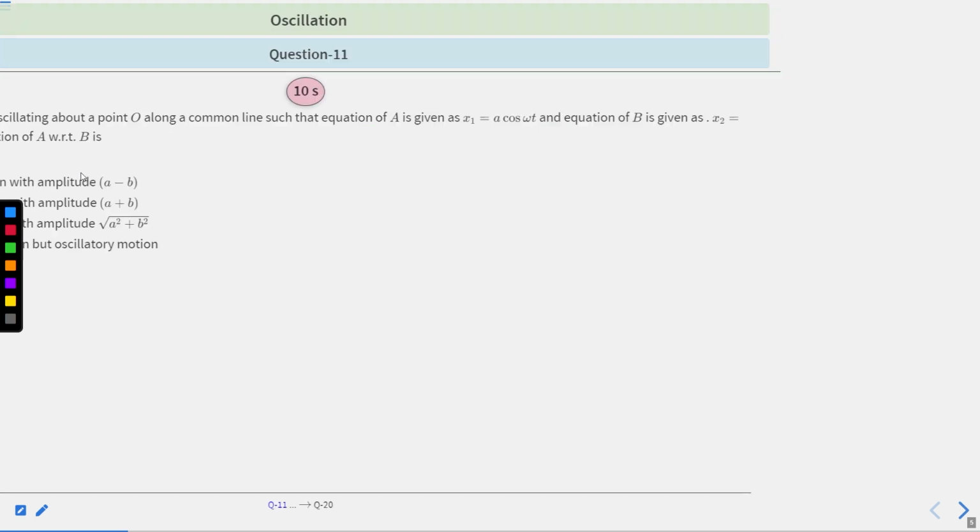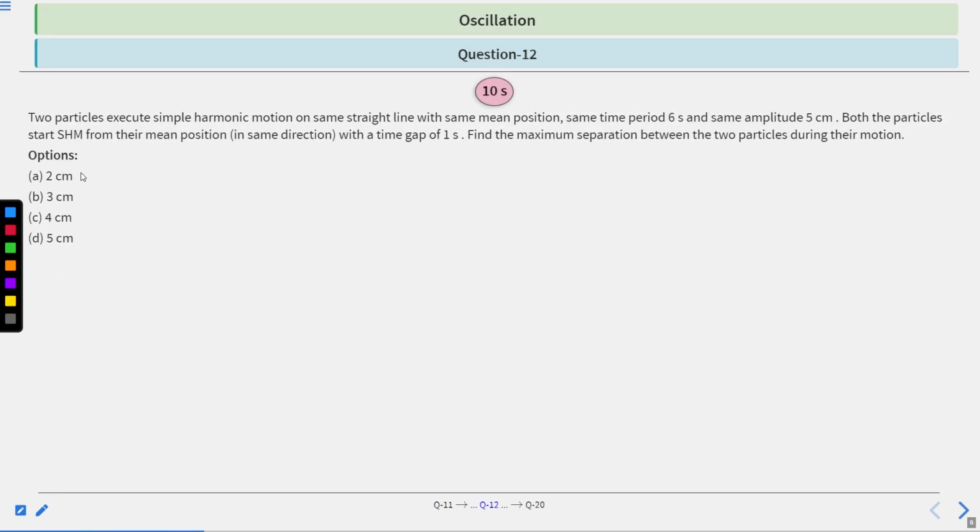Next question, question 12. Two particles execute simple harmonic motion on the same straight line with the same mean position, the same time period of 6 seconds, and the same amplitude of 5 centimeter. Both particles start SHM from their mean position in the same direction with a time gap of 1 second.